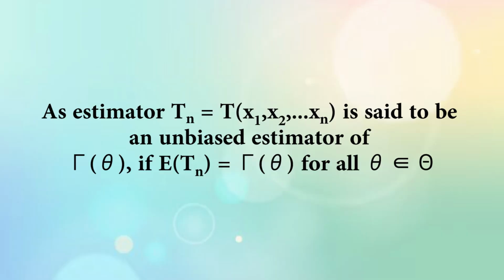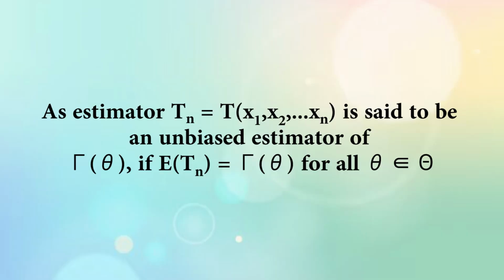In the theory of estimation, unbiasedness refers to the property of an estimator where its expected value is equal to the true value of the population parameter being estimated. An estimator is considered unbiased if, on average, it produces estimates that are not systematically too high or too low.